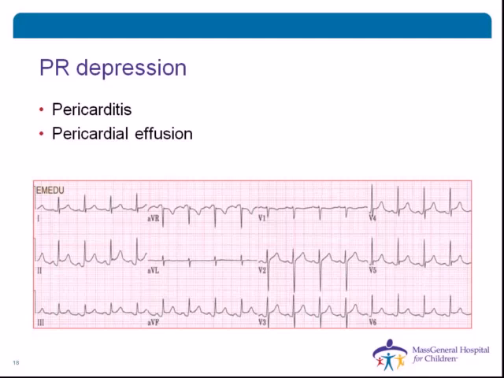Electrocardiogram, such as in this electrocardiogram in a patient with pericarditis, shows hallmarks of such a condition, including PR depression, nonspecific T wave elevation. Both of these features can be seen with pericarditis or a pericardial effusion.